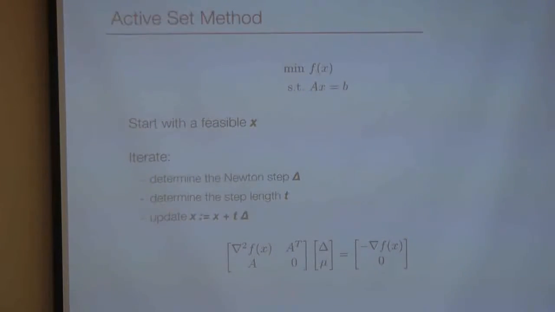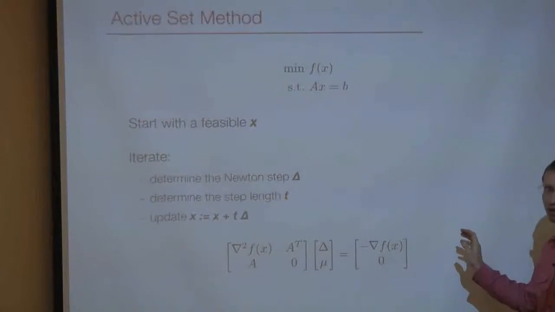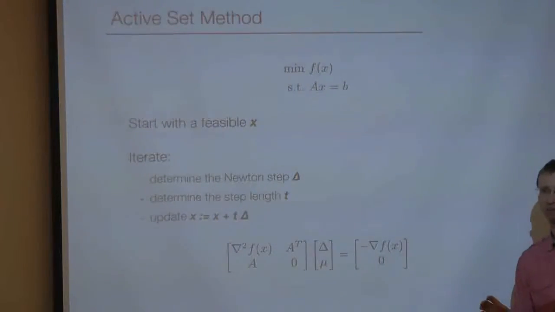To avoid exploring all possible combinations, we will have a clever way to tell us the best candidates for the active set to consider. That's what the active set method would be. But internally, it will be based on the feasible start Newton method applied to quadratic programming.